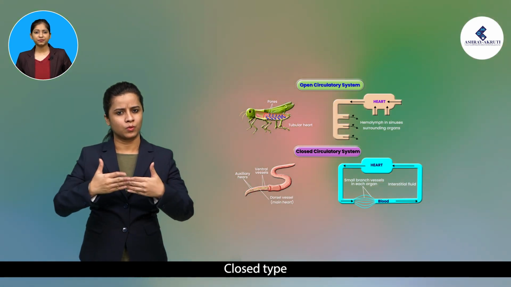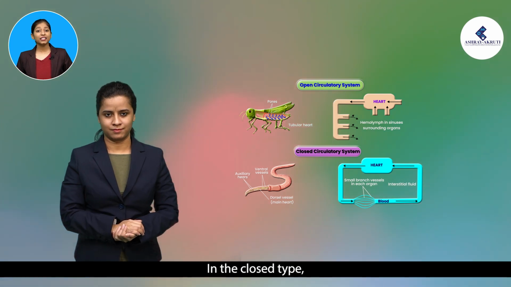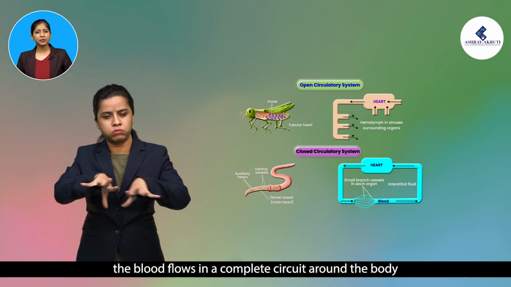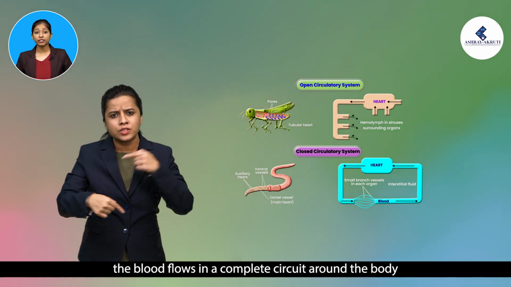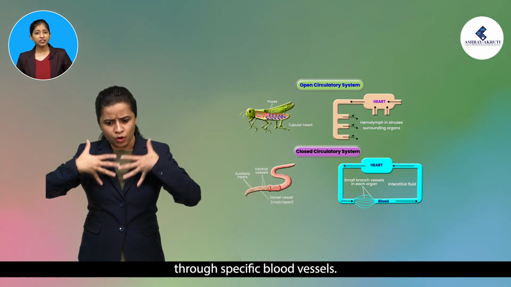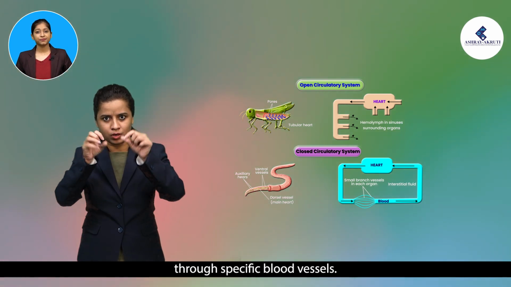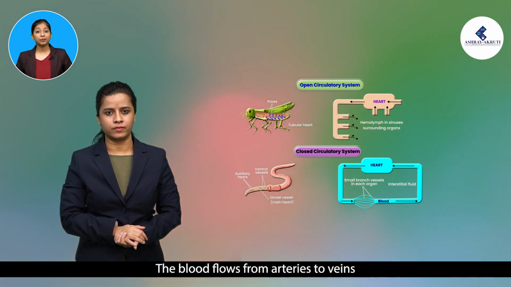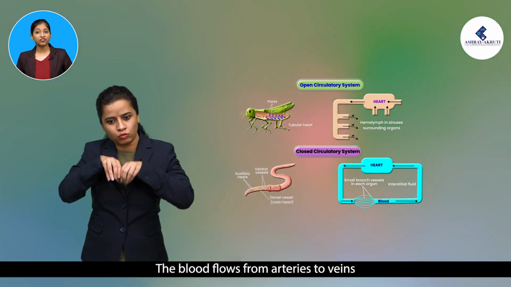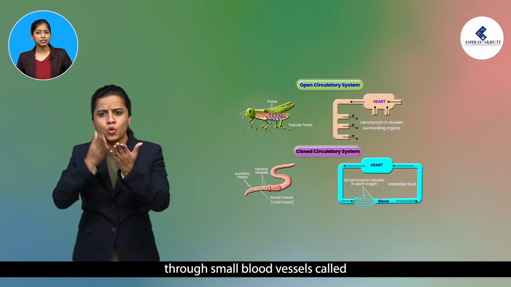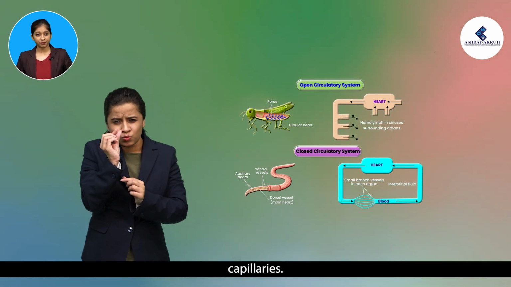Closed type. In the closed type, the blood flows in a complete circuit around the body through specific blood vessels. The blood flows from arteries to veins through small blood vessels called capillaries.